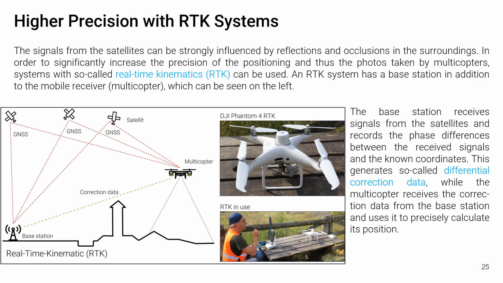The DJI Phantom 4 is also available as an RTK version, as shown on the right. In combination with a base station, high-precision georeferenced terrain models can be created without having to place and measure additional control points. Below right, we see an RTK system in use. The correction data is transmitted from the base to the remote control and from there to the copter.